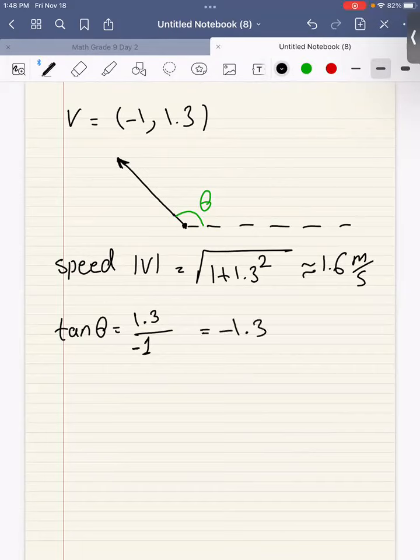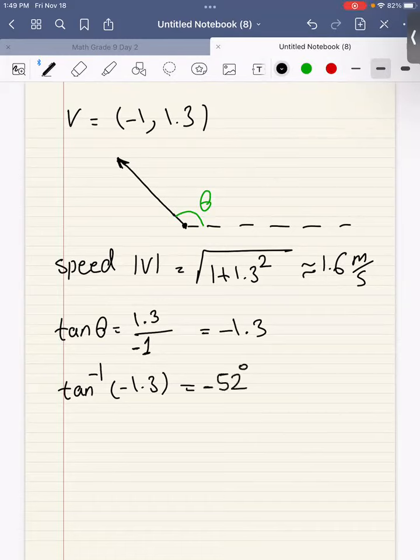So what is the tangent? Be careful, when you use the calculator, you take the tangent inverse, and what it gives you is important. Use your calculator, degree or radian doesn't matter, but there is something I want to tell you, it's important. Tell me the degree, for example. The tangent inverse of minus 1.3 is negative 52.